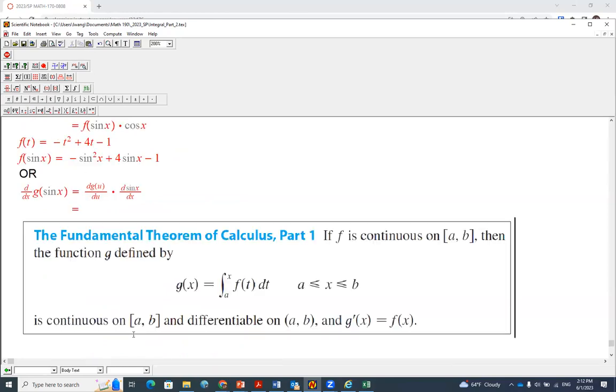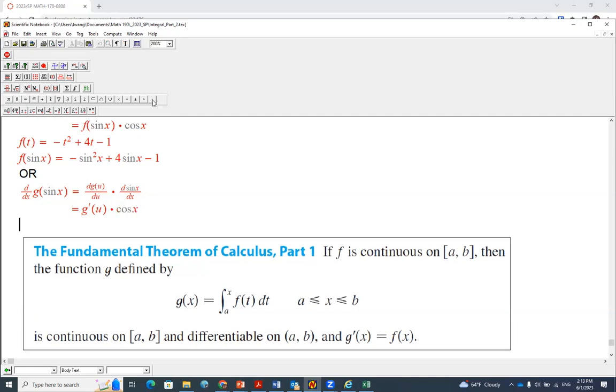Okay, I put it under. What does it say? It says the derivative of g with respect to x. So this is g of u, g prime of u, g prime of x. And of course, this is a cosine x, right?